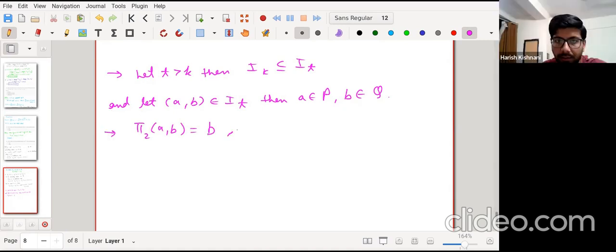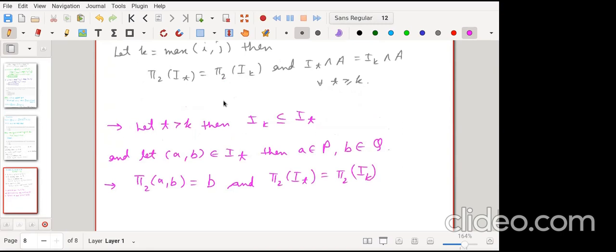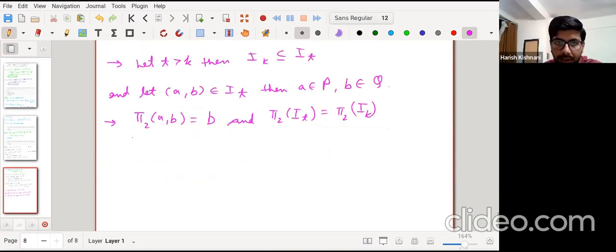And we also have pi 2 of IT equal to pi 2 of IK, right? Because after K, this projection series is stabilized. Yes, sir. Okay, so this implies that B belongs to pi 2 of IK.